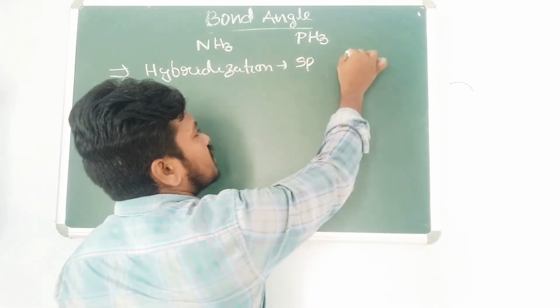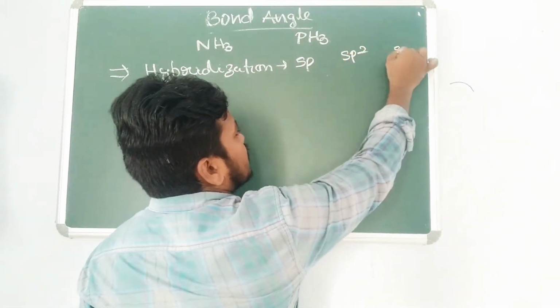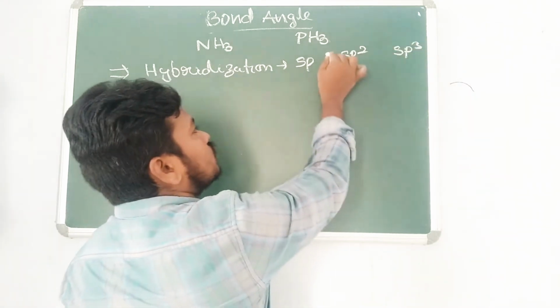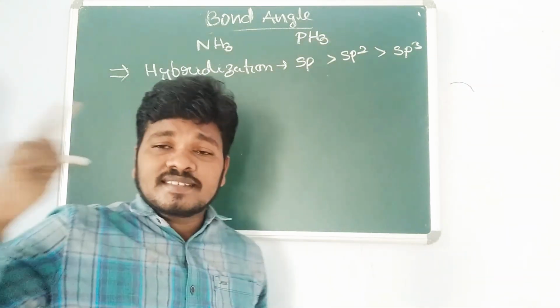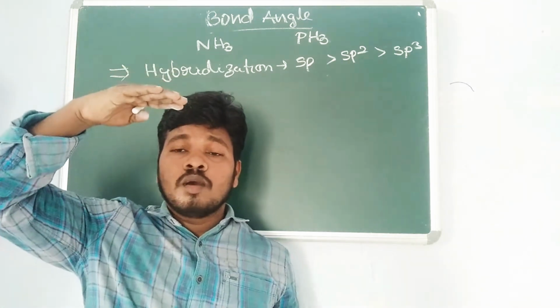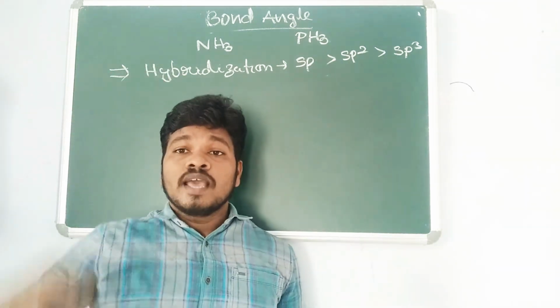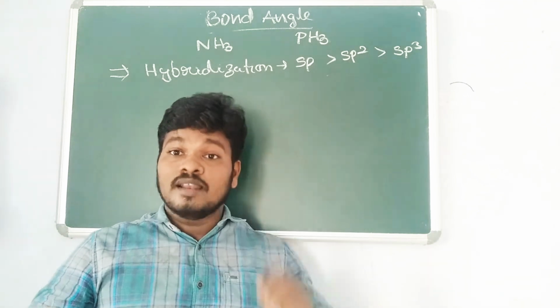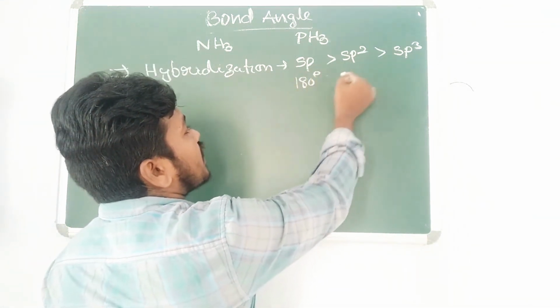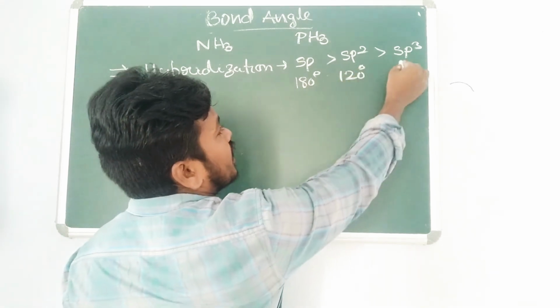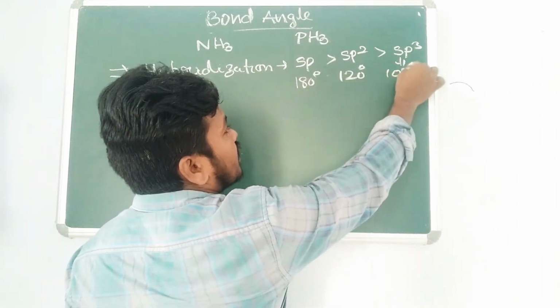Hybridization sp, sp2, sp3. Generally we say that sp hybridization has the more bond angle. More is the s character, bond angle is also more. S character less, bond angle also less. That's why here we have written 180 degree bond angle, here 120 degree, here 109 degree.